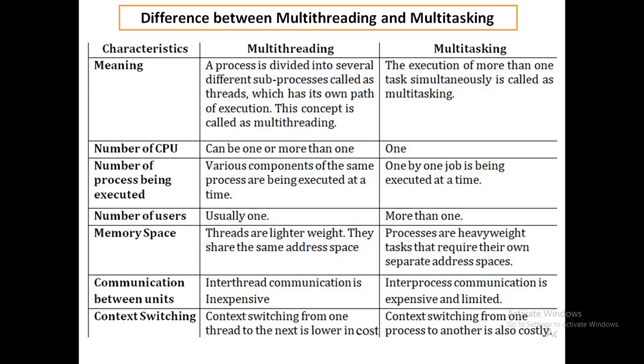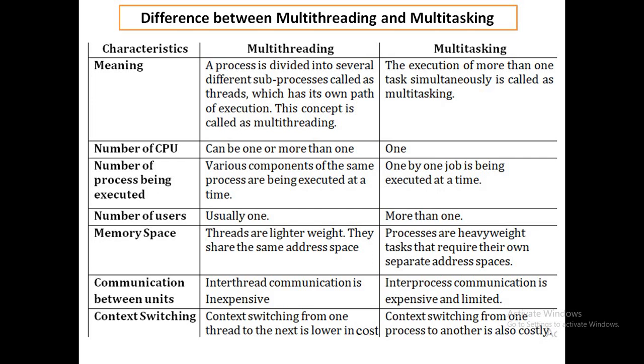In multi-threading, one or more processors can be employed, whereas in multitasking, a single processor is carrying out all the tasks. In multi-threading, various components of the same process are executed as threads at the same time, and in multitasking, the processes are executed one by one.